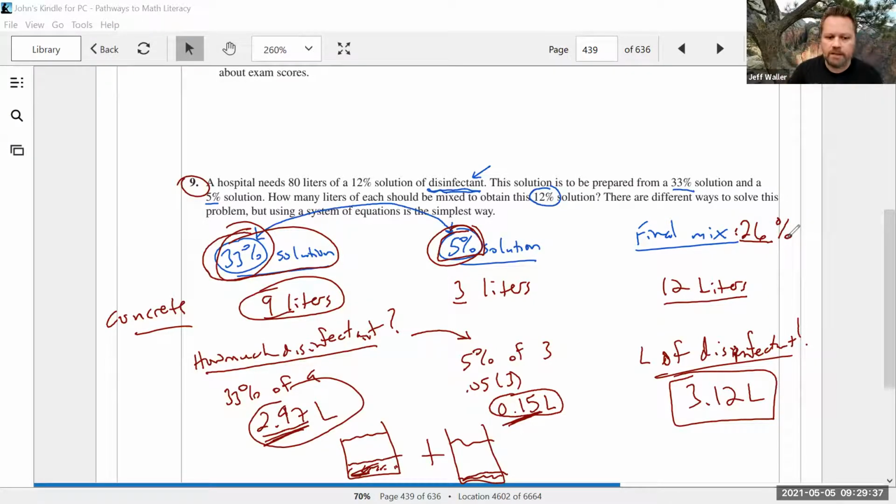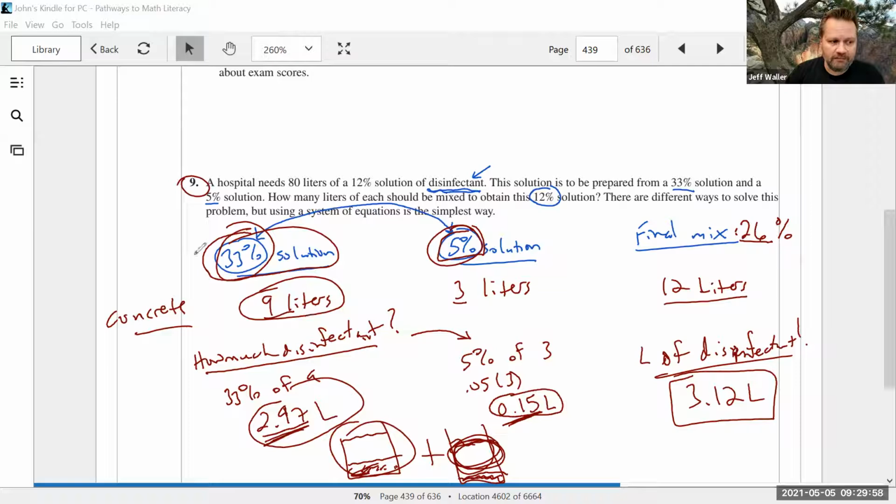Why does that make sense? Because I'm adding to this 33% solution all this water and a little bit of disinfectant. What's the quickest way to dilute something? Add pure water, right?